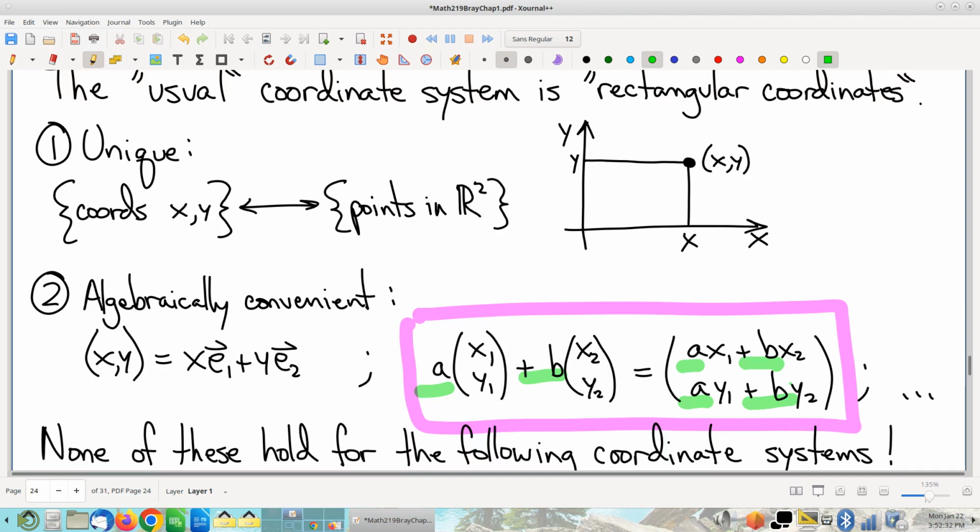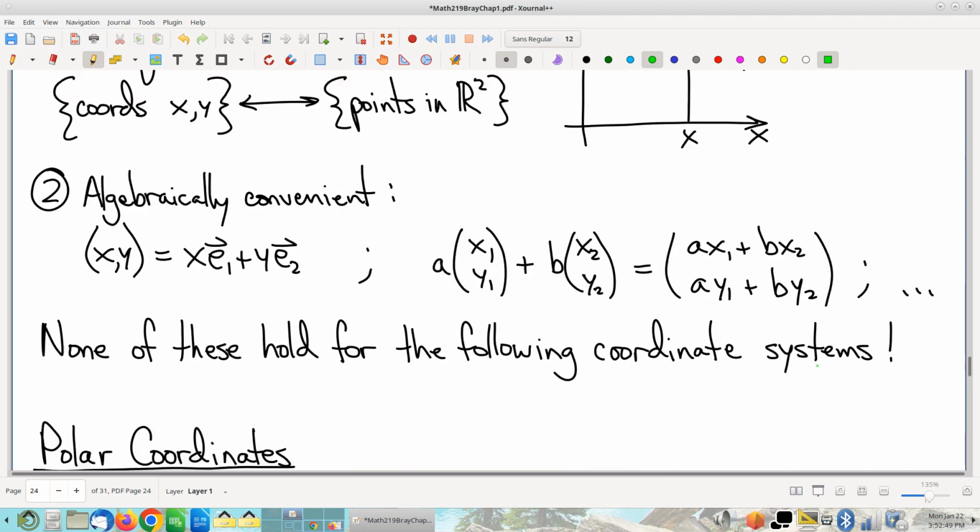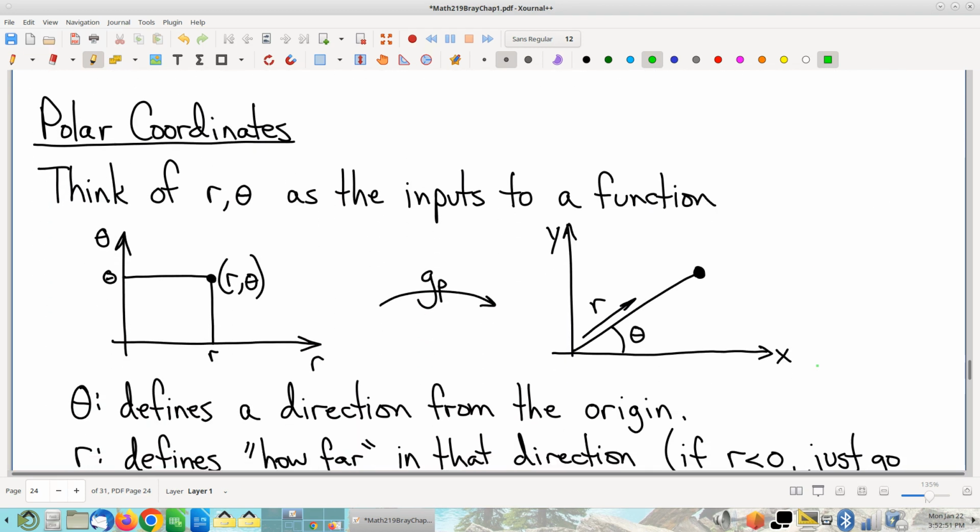Again, don't get used to it because there is no version of this in polar coordinates or cylindrical or spherical, any of the other coordinates we're going to use in this class. So say goodbye to those.